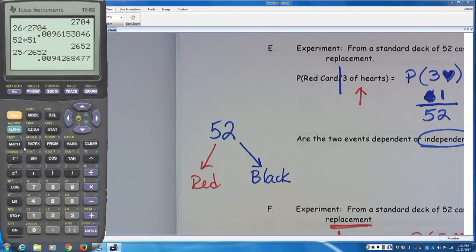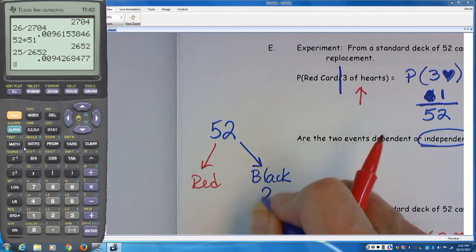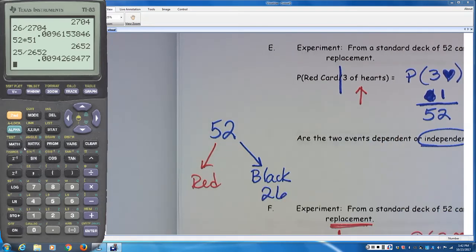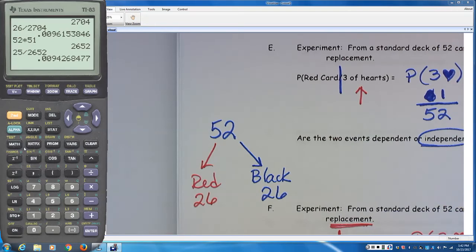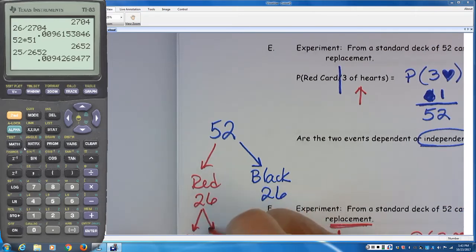Which means you have 26 black cards, 26 red cards. Now, of those 26 red cards, half are hearts and half are diamonds. So that means there's 13 hearts and 13 diamonds.